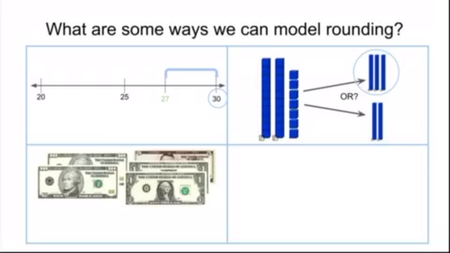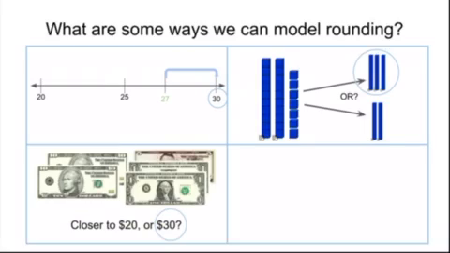About how much am I going to be spending? Well, if you're spending $27, you're definitely spending closer to $30 than $20. And money always helps us figure out what those numbers are really meaning, what they really represent. So you can always draw money or think about money to help you with rounding.